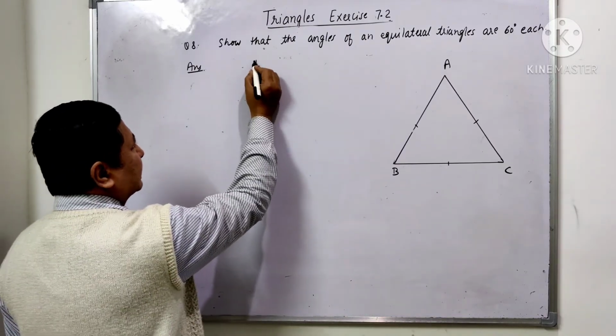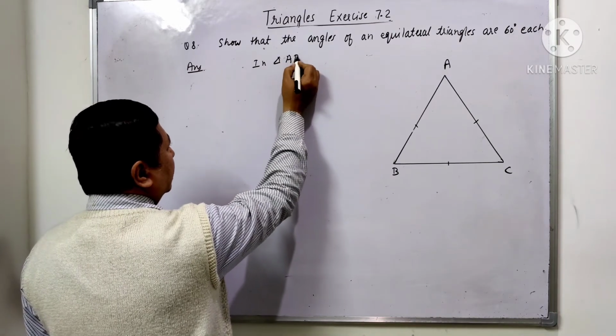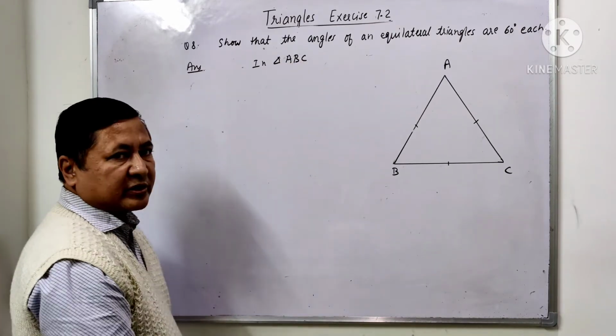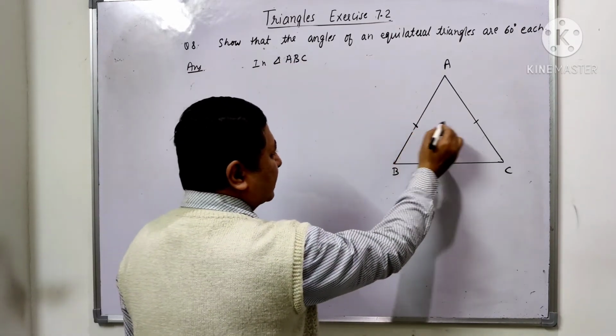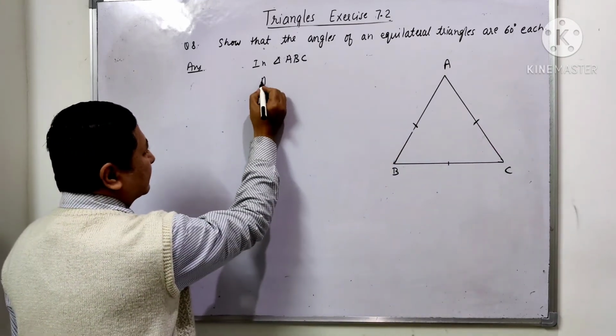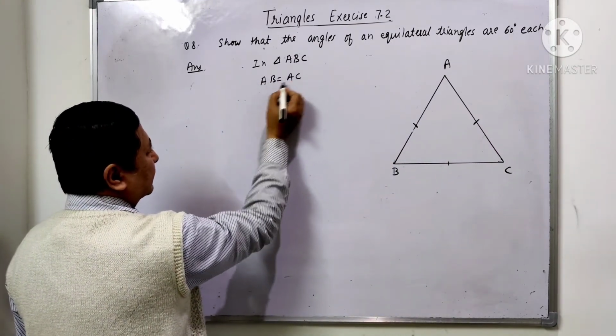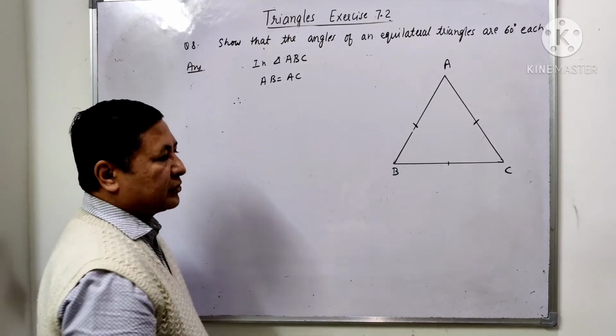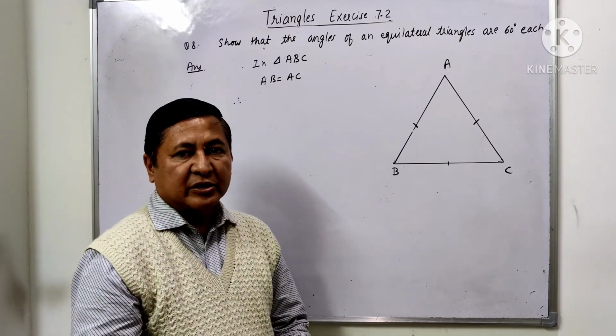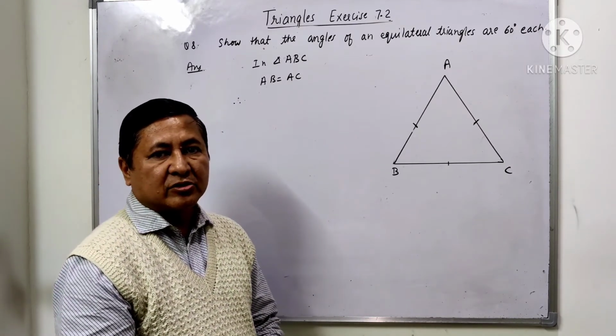Now in triangle ABC, since it is an equilateral triangle, these two sides will be equal, that is AB is equal to AC. Now we know that if two sides are equal, the angles opposite to the equal sides are also equal.